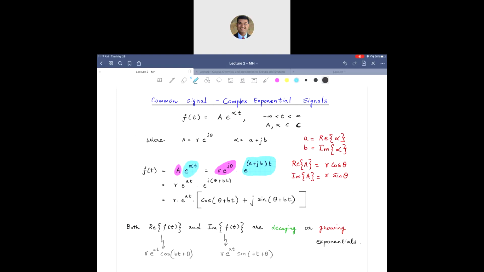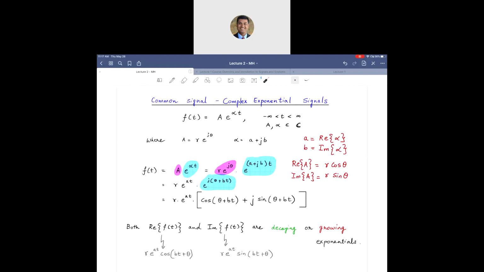We can simplify a little bit by combining the exponentials which have a real exponent and a complex exponent. So we are combining the e to the j terms over here in blue, and the remaining terms are over here. r is outside, e to the at is also outside.